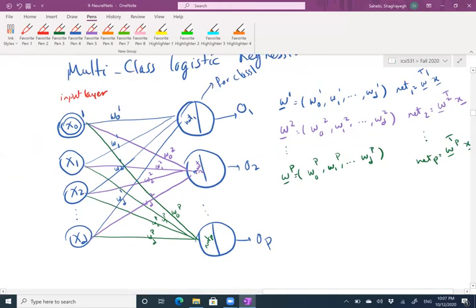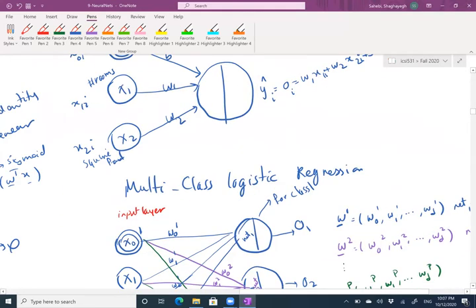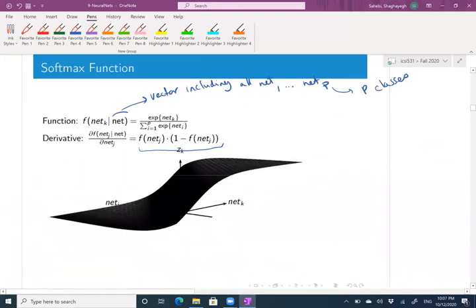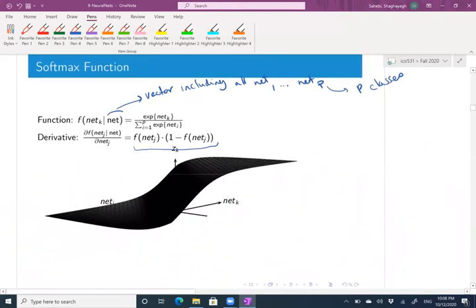Now, we have done all of the nets, but we haven't calculated the outputs yet. Why? Because we haven't done the activation yet. What kind of activation function do we have? Our activation function is the softmax function, right?